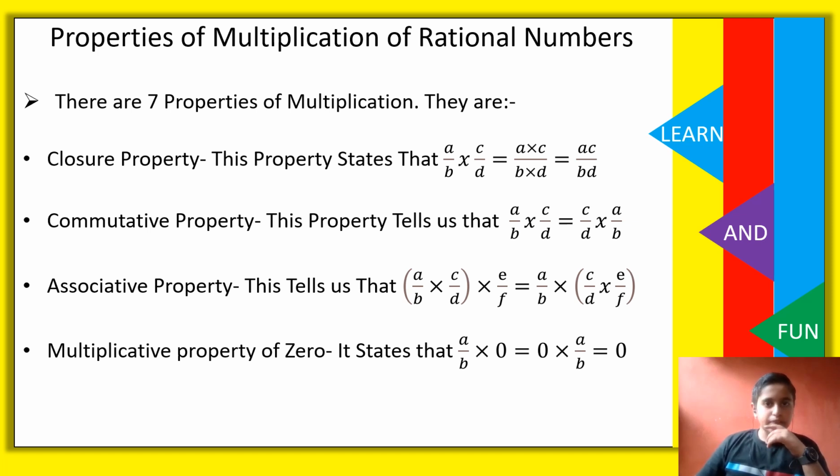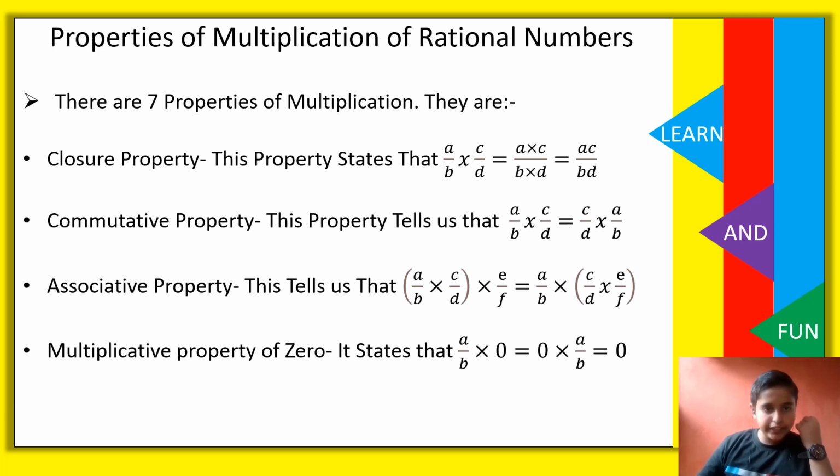A upon B will be 2 into C upon D will be 4, which will give us 8. Okay, fine. Let me take it the other way, sorry.